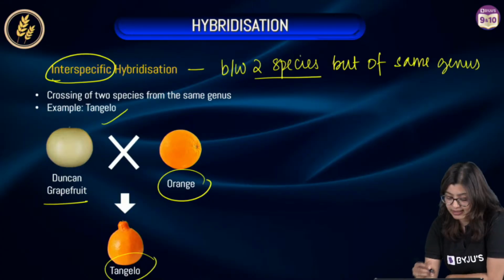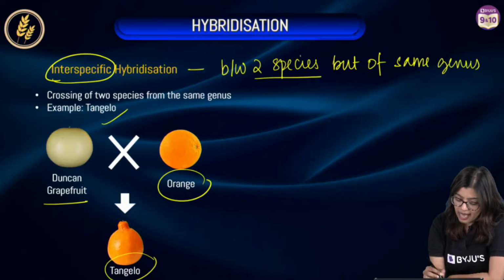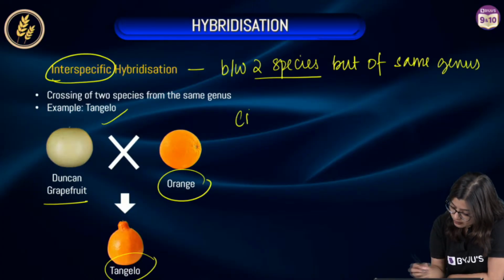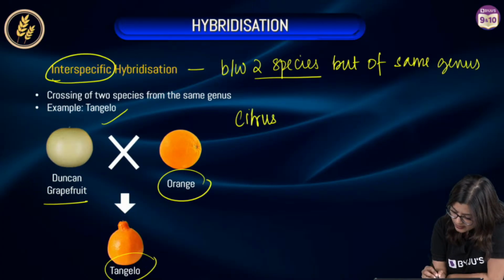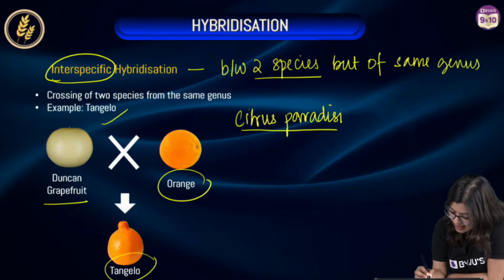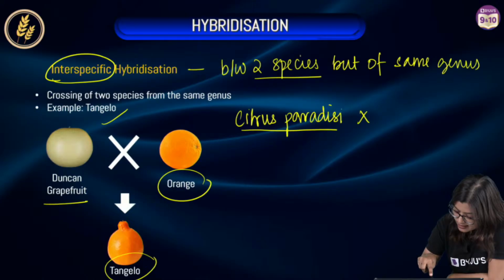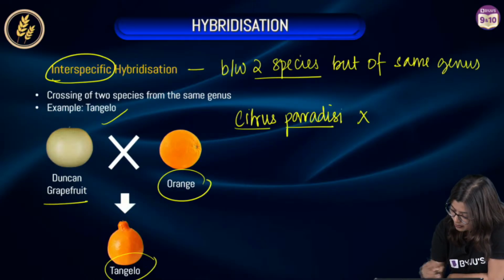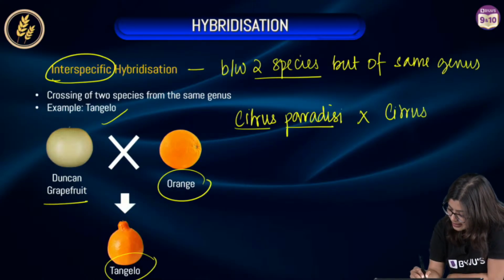Now I'll tell it to you in this genus species order. Citrus paradisi is Duncan grapefruit, which is crossed with Citrus sinensis.